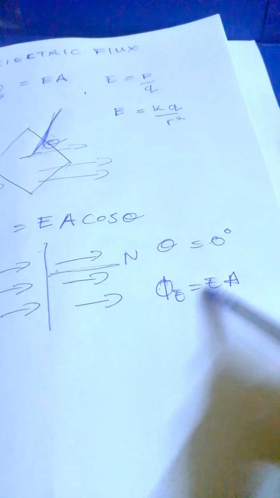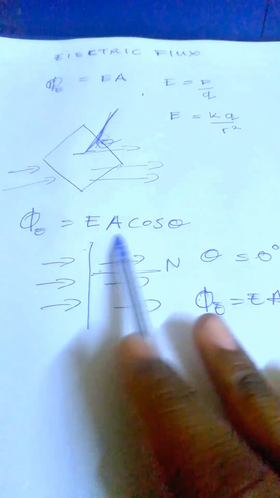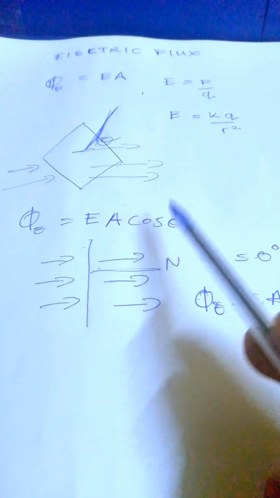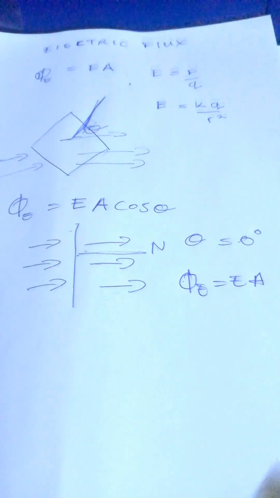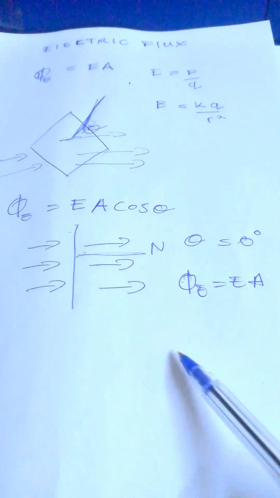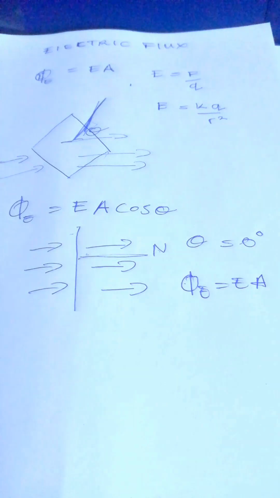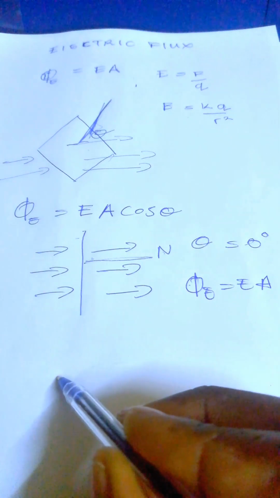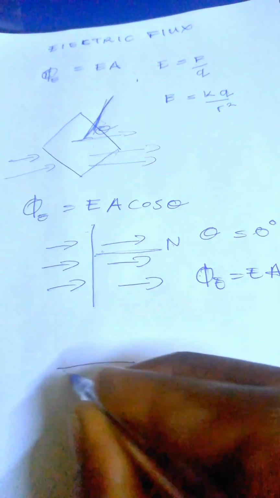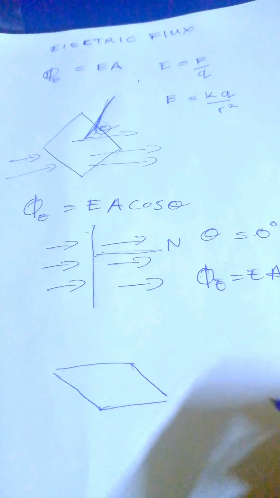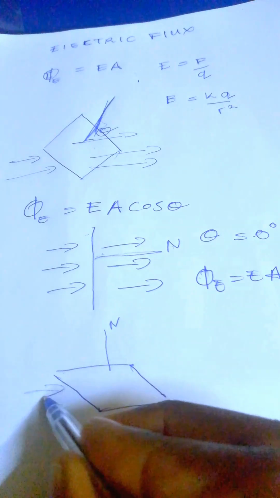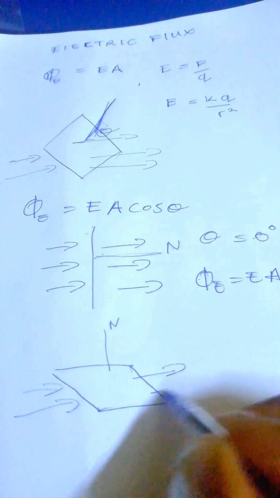Basically this is the general formula for electric flux. We can also have an angle of 180 degrees, where cos gives us negative 1, so we are going to have a negative flux. Then we can also have the case at 90 degrees, for example a surface like that, with the normal line, and some electric field passing along the surface.